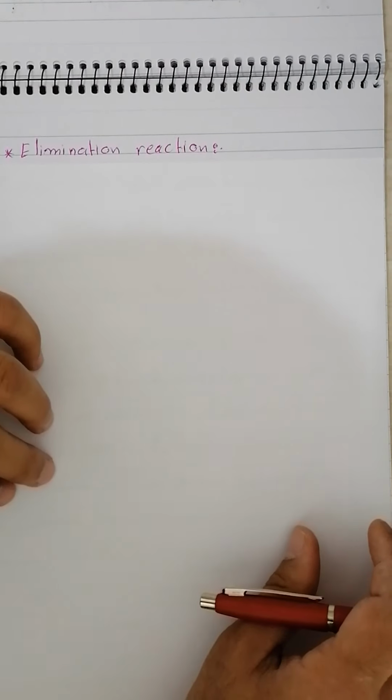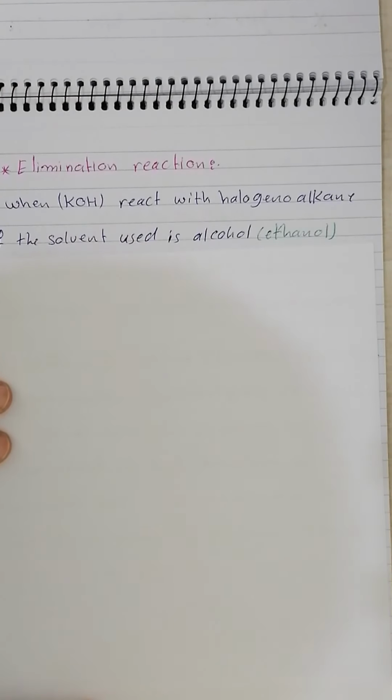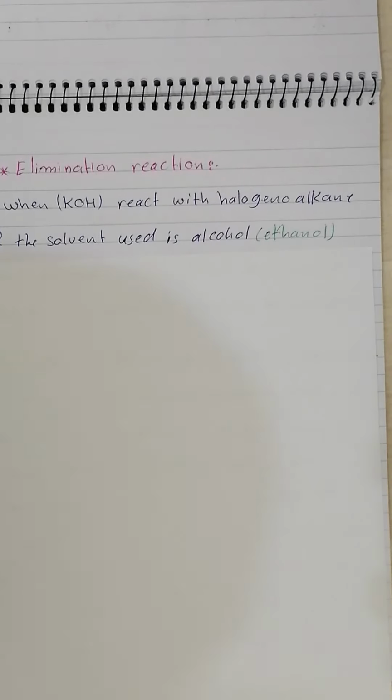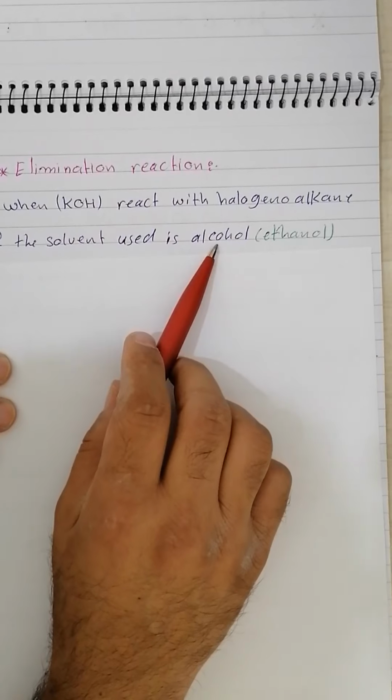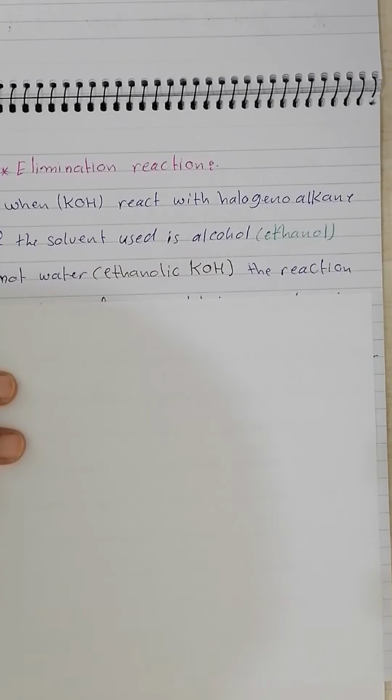Now, elimination reaction. We talked about this when we discussed the potassium hydroxide reaction. When potassium hydroxide reacts with halogenoalkane, if the solvent is alcohol, especially ethanol, what will happen?